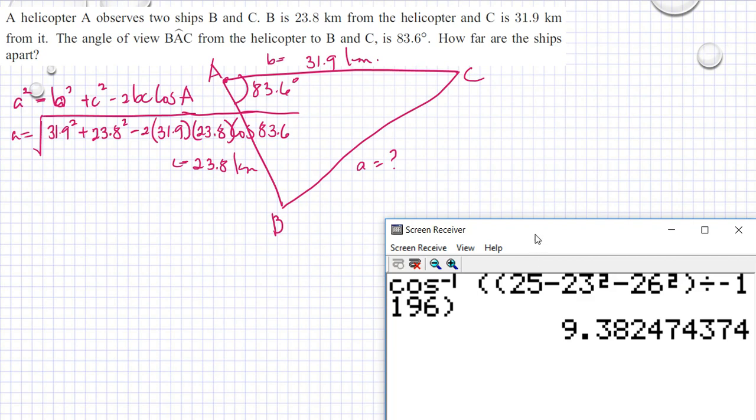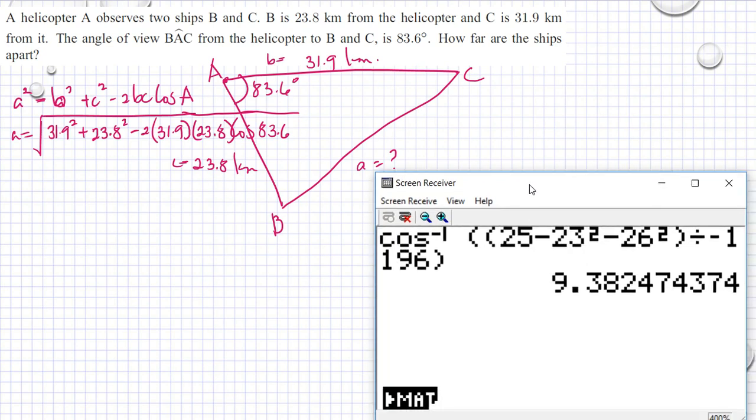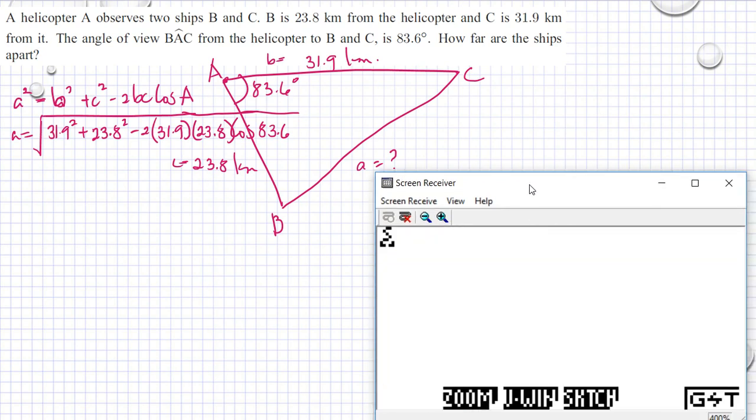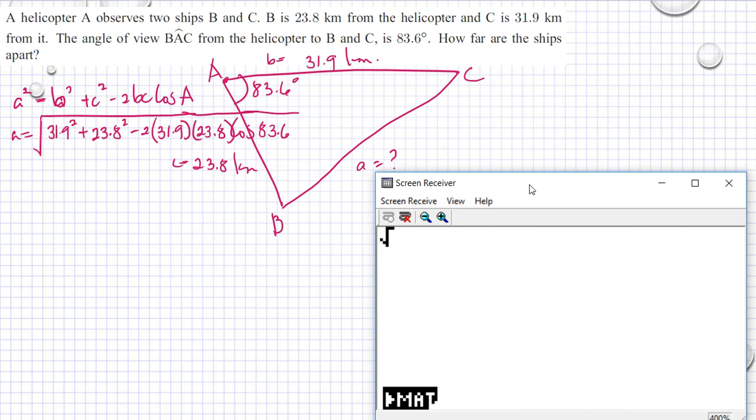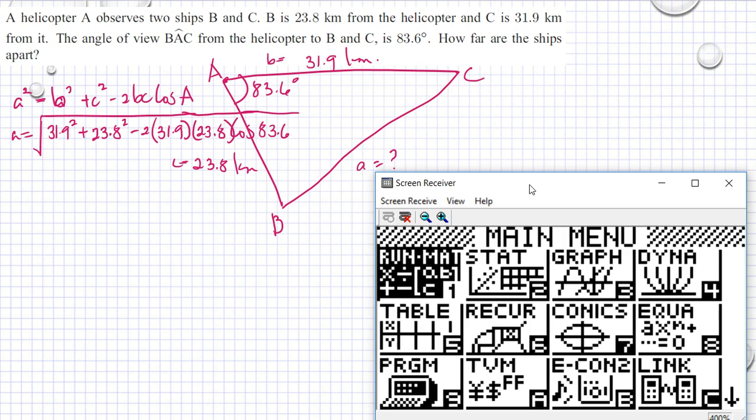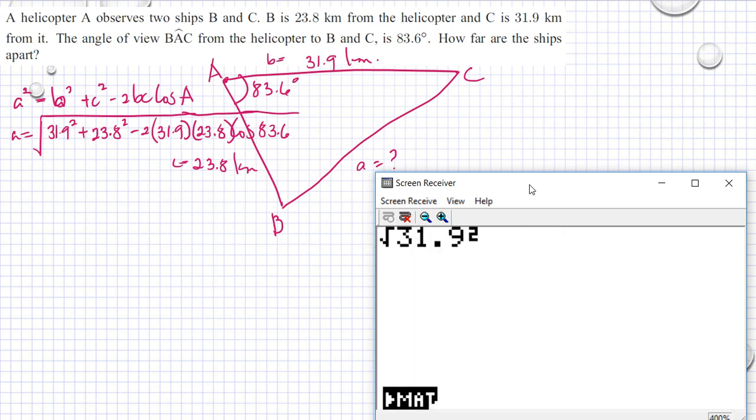Okay, then our calculator will do the rest. That's the square root. We have 31.9 squared. Oh, sorry, it should be in a parenthesis. There you go.